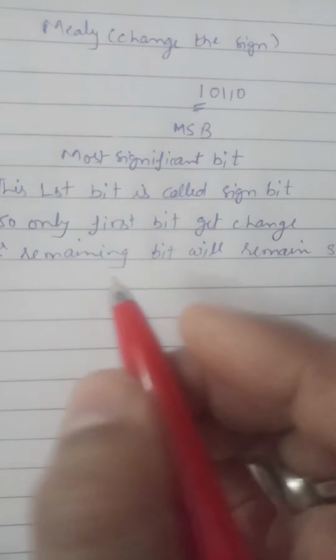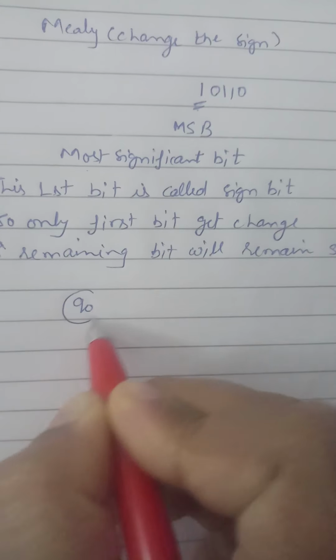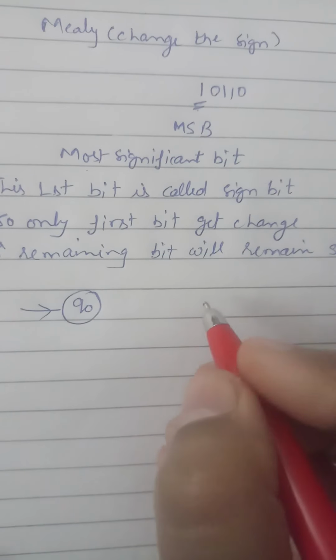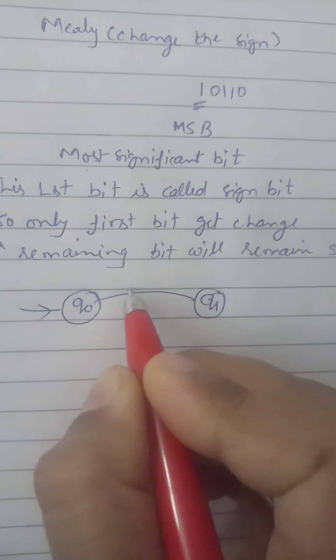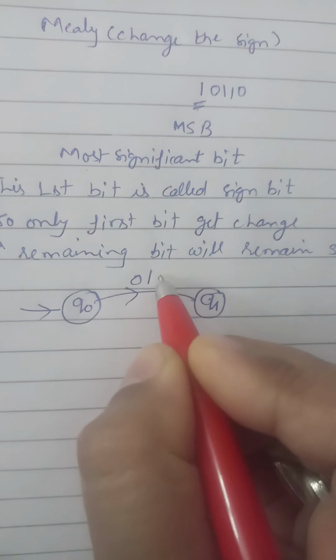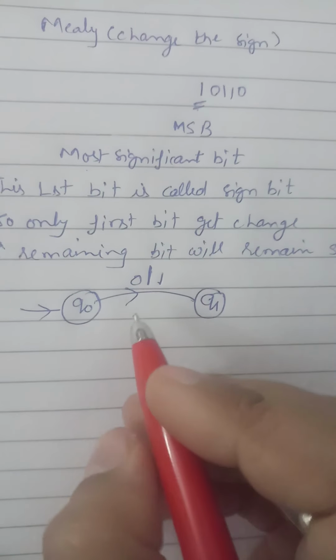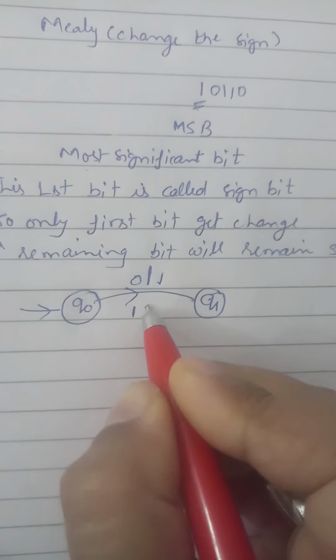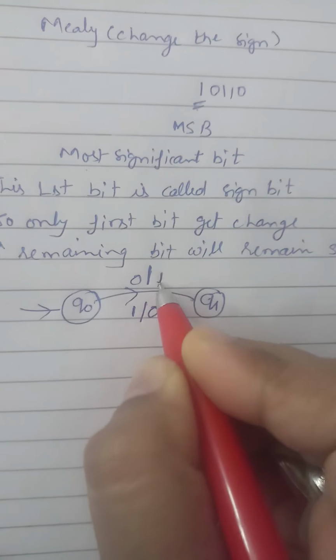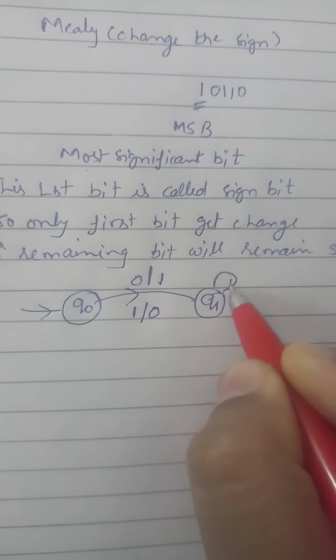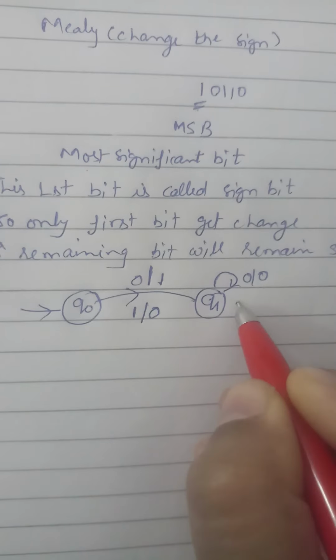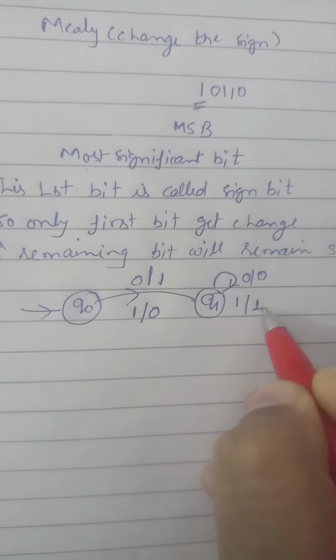So how are we going to make it? Q0 to Q1. If we are having 0 then we get 1, and if we are having 1 then we get 0 as output for the first bit, and the rest will remain the same, 0 to 0 or 1 to 1.